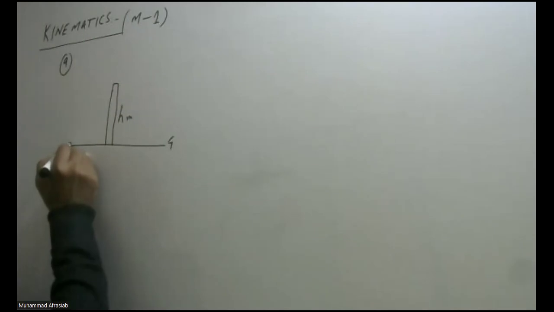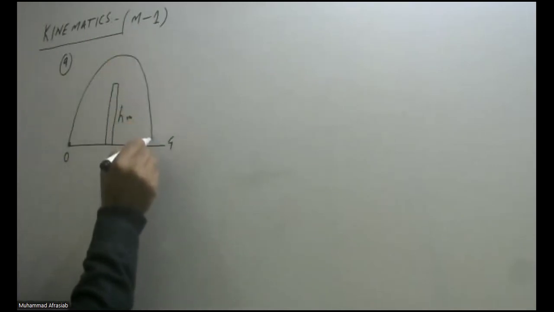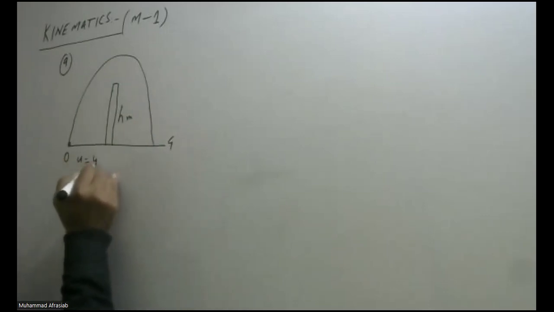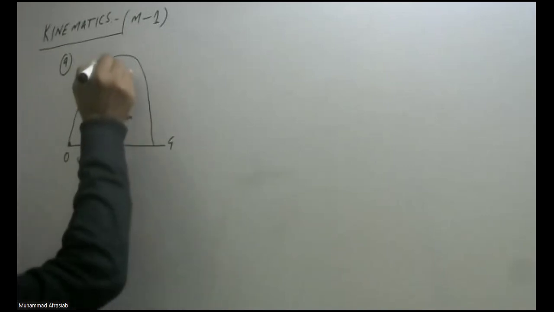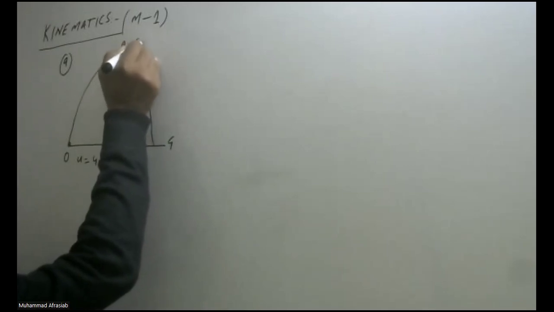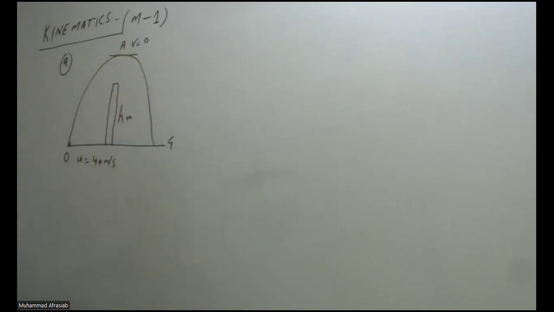The first particle is being projected from point O with the speed of 40 meters per second. At the highest point, when it reaches A, its final velocity will be equal to 0.